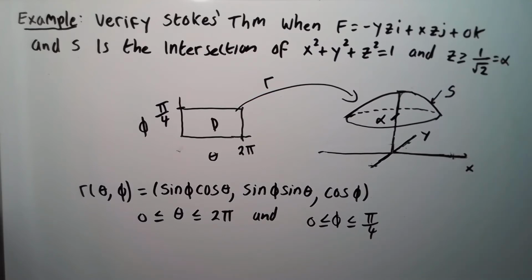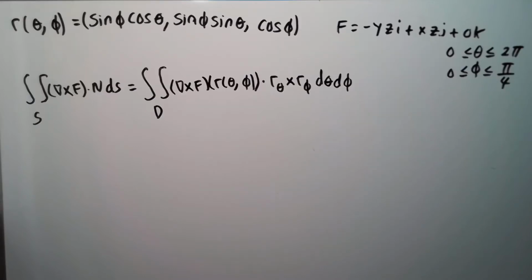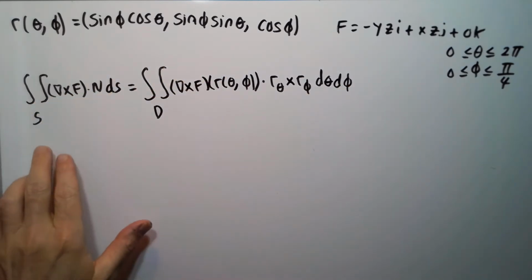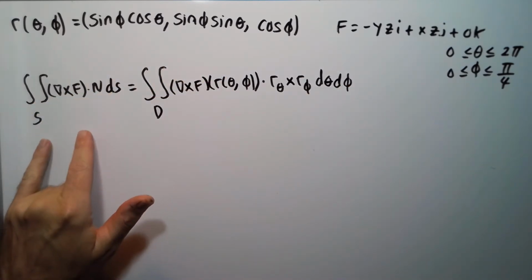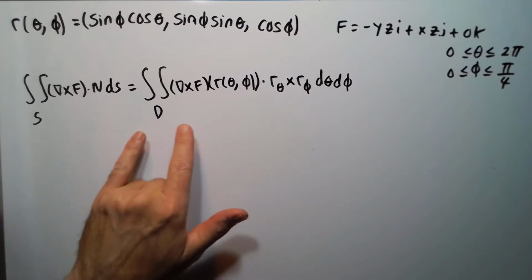Okay, so let's start now to do the double integral part of Stokes Theorem. So summarizing, this is our parameterization of our surface. Here's my F function, and I want to do this double integral.